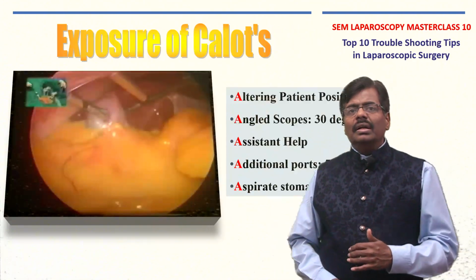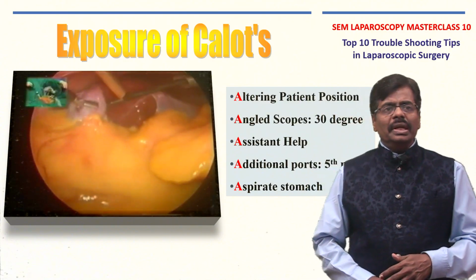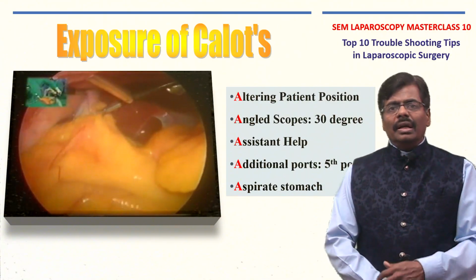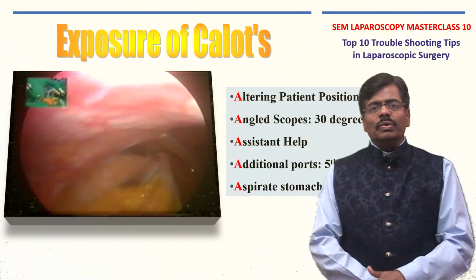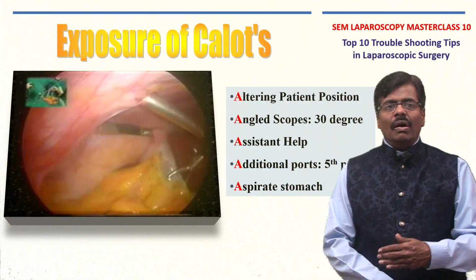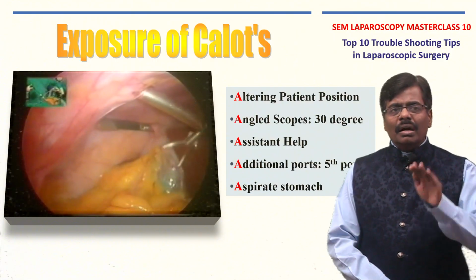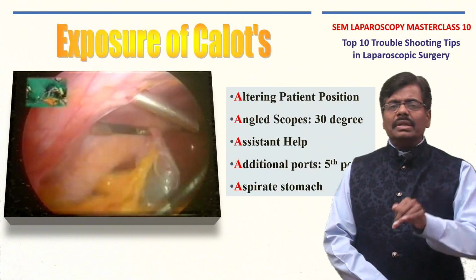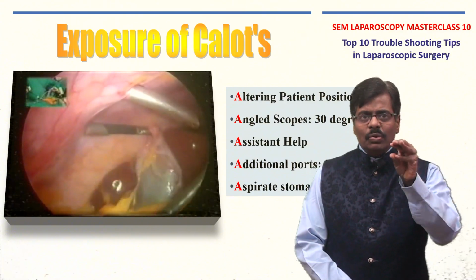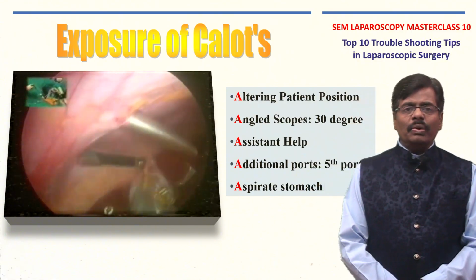So, there it makes a difference, and also as you can see in this image, altering the patient position, head up and more towards you, as you are standing on the patient's left side, then all the momentum and everything falls back, and a 30-degree scope will give you a better exposure of the Calot's triangle, and the assistant can zoom in and out and show you exactly where you are dissecting.